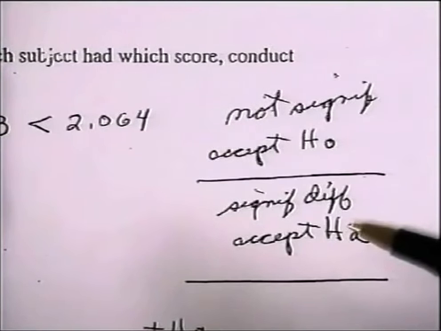In other words, if they're identical, it should be 0. They're separated by 10 on average. Is that significant? Well, I divide by my adjusted standard deviation, my standard error. In this case, it's going to be about 3.7, and that gives me a value. I compare that to the table value, which in this case was 2.064. If I'm bigger than 2.064, then I reject the null hypothesis and accept the alternate hypothesis.